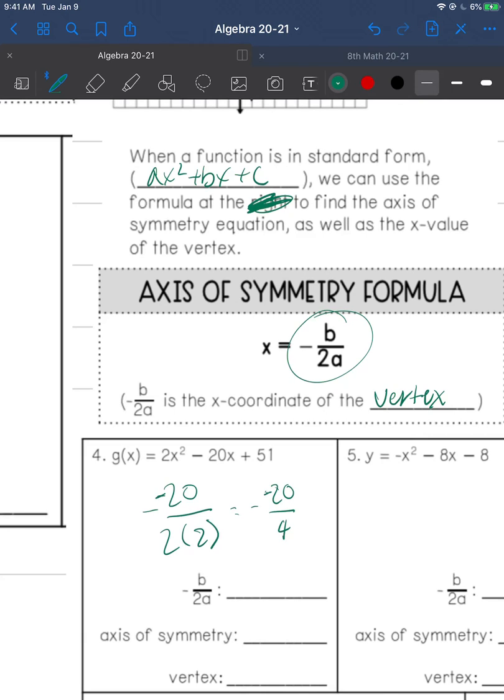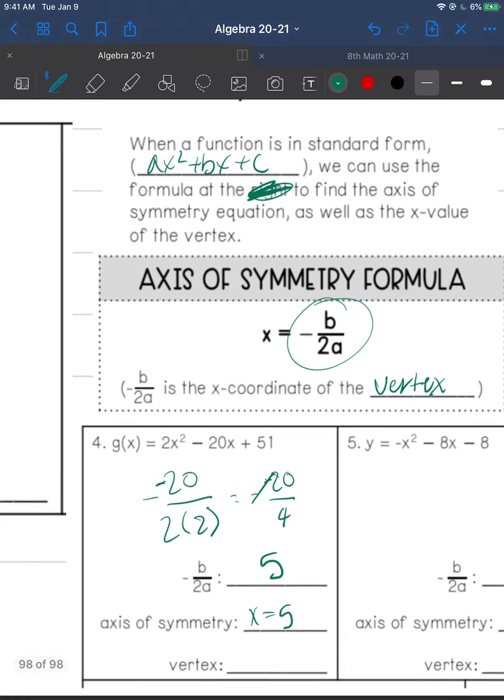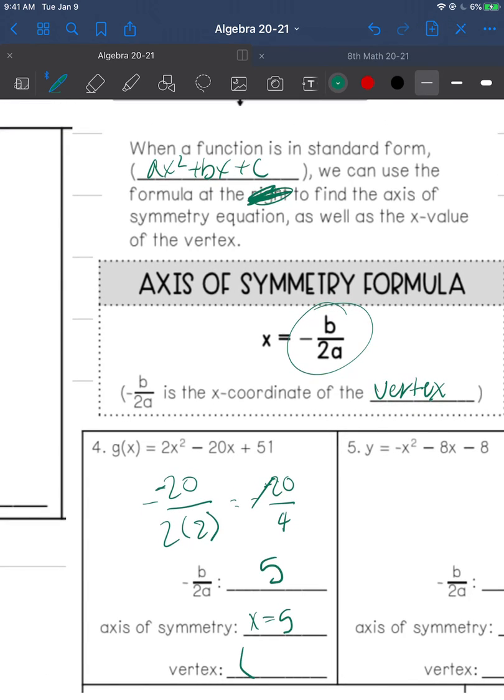A negative times a negative cancels out, so that's a positive. 20 divided by 4 is a positive 5. So the axis of symmetry is x equals 5. So the vertex is where our x equals 5.